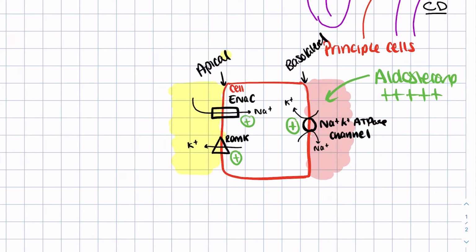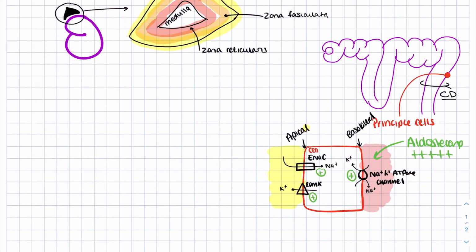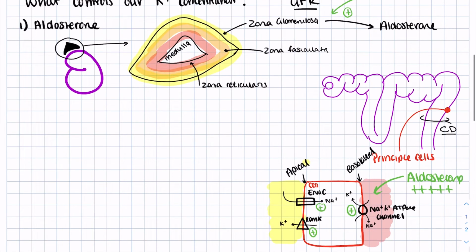So the more aldosterone we have, the more potassium we're excreting. The less aldosterone we have, the less potassium we're excreting, so it will stay in our bodies. So that's one way in which potassium is managed, and probably the more complicated biochemical pathway when we think of endocrinology and the influence that this system has on the body and various disorders that can impact this system.